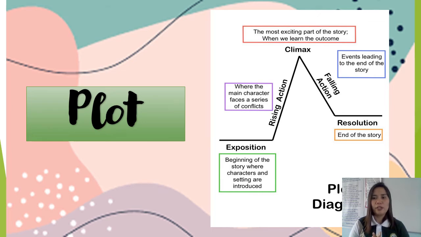Next, the climax. It is the most exciting part of the story, and it is when we learn the outcome. Next is the falling action, the events leading to the end of the story. And finally, we have the resolution, or the end of the story.